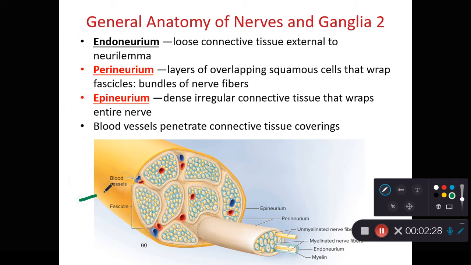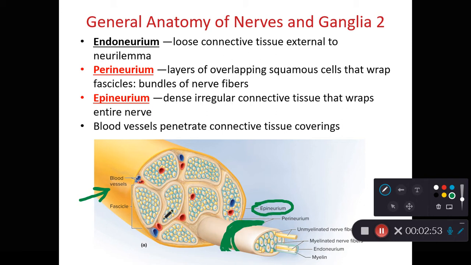On the surface of a nerve, we have the epineurium, which is analogous to the epimysium of a muscle. That epineurium is going to contain the fascicles. A fascicle is just a bundle of nerve fibers within the nerve, or a bundle of axons within the nerve.